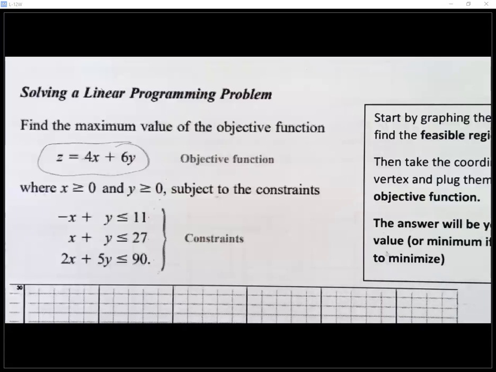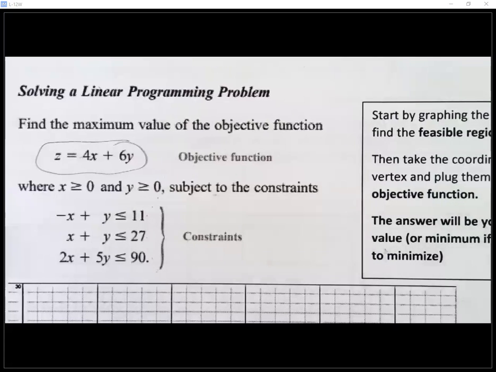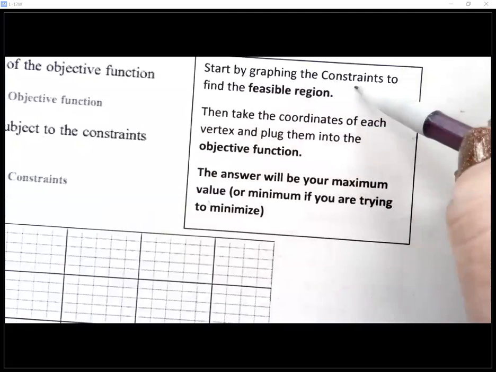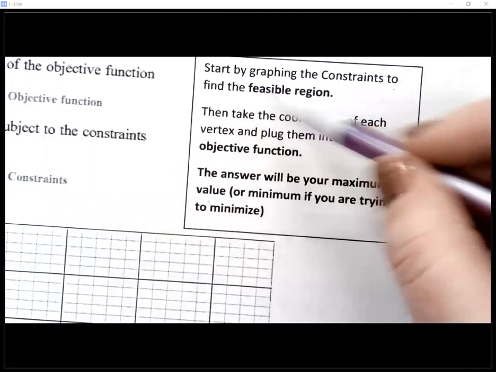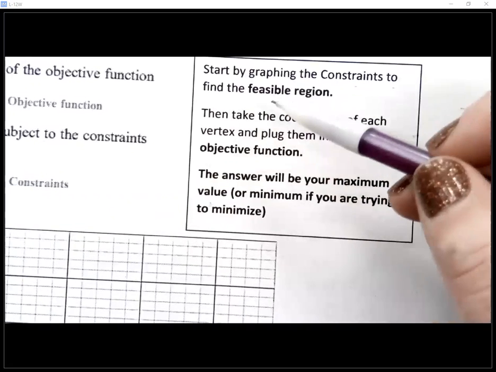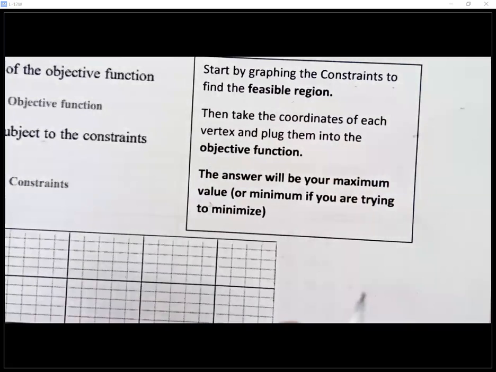All right, once you have these things, here's what we're going to do. If you take a look at this box, I give you the step-by-steps. We're going to start by graphing the constraints to find the feasible region. The feasible region is just the one region that works for everybody. I have all these constraints, so what can I do?